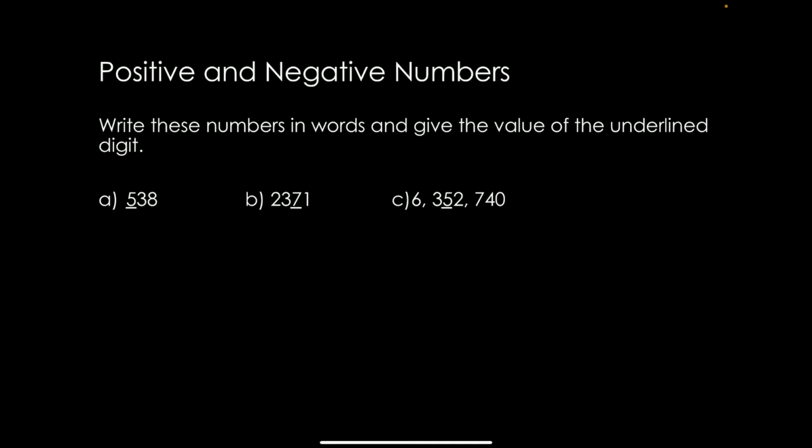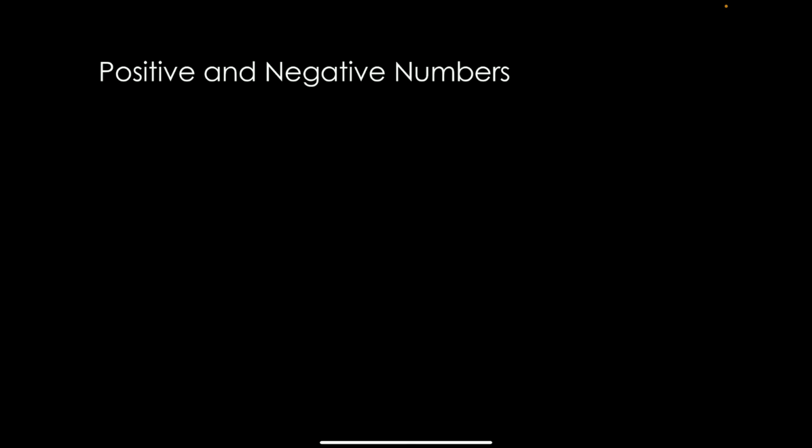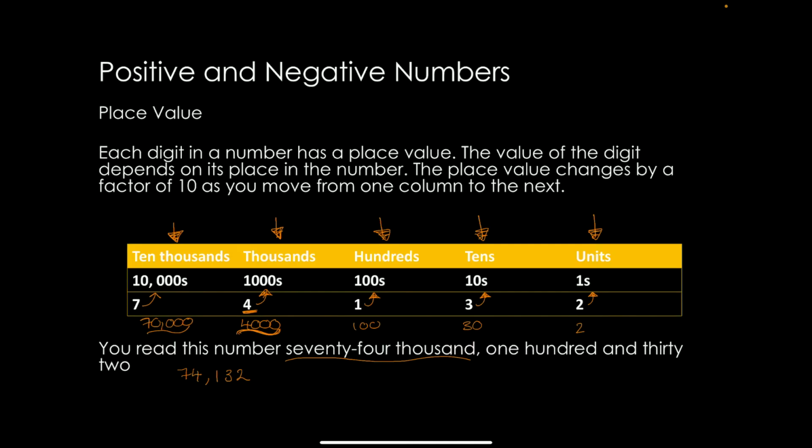So, for example, here are your 3 numbers. I'd like you to write them in words first to give yourself practice, and then if I go back to our previous slide, let's say I underlined the number 4 here, okay. That 4 has a value of 4,000 because it's in the thousands column. Okay, any number on the end is always the units.